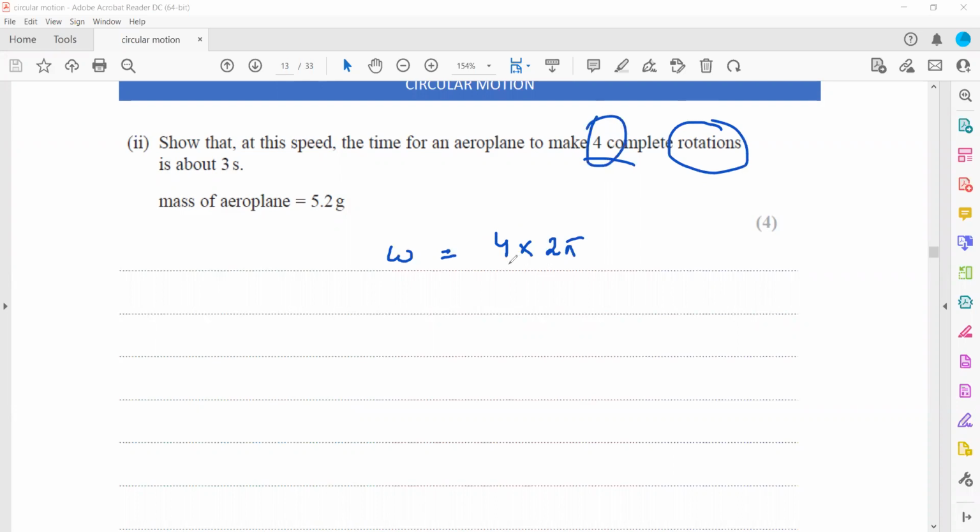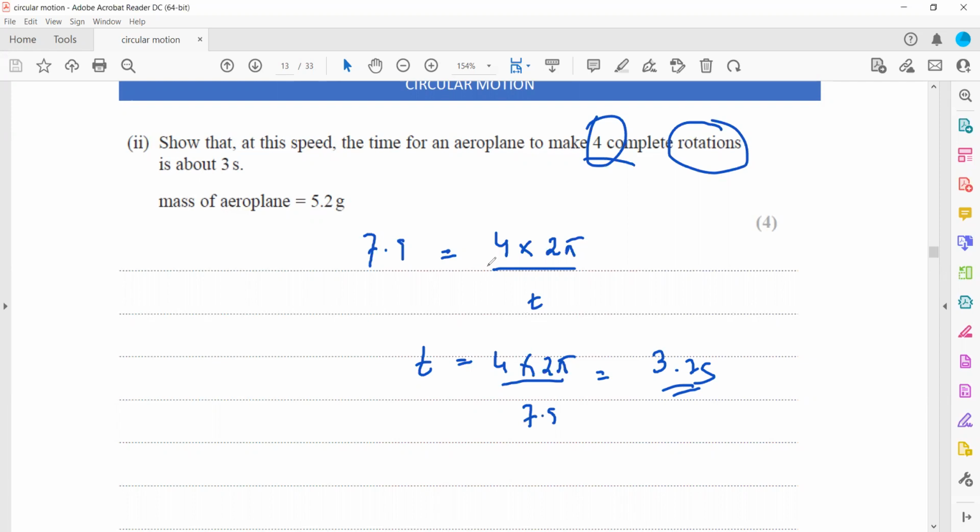So 4 into 2 pi divided by time, and we already have omega, which is 7.9 radians per second. So the time for 4 complete rotations is 4 into 2 pi divided by 7.9. This gives us 3.2 seconds. So it will take about 3.2 seconds to complete 4 revolutions.